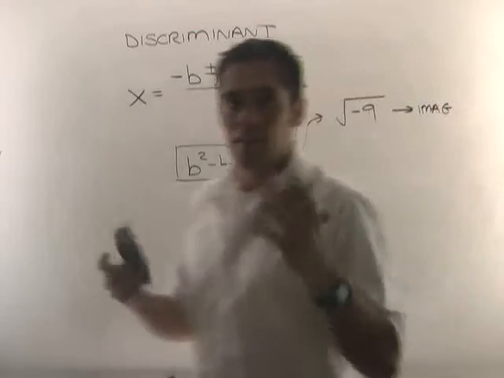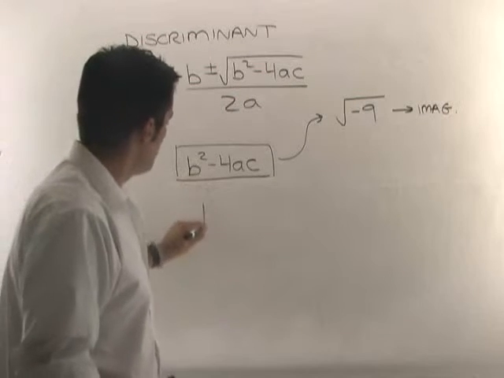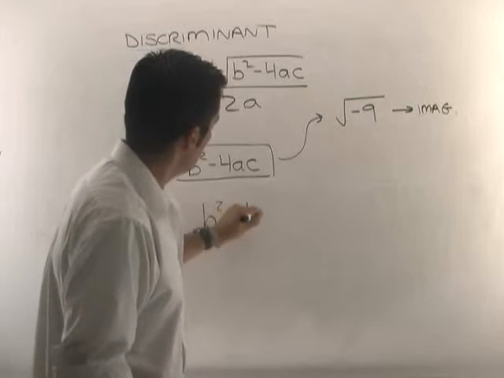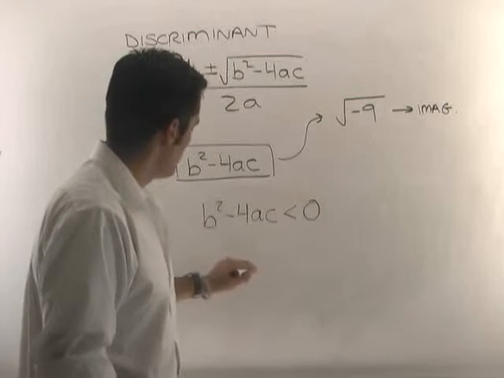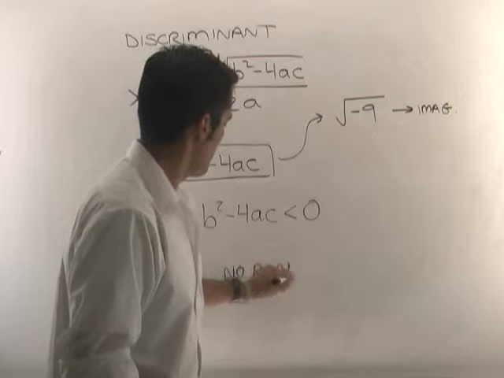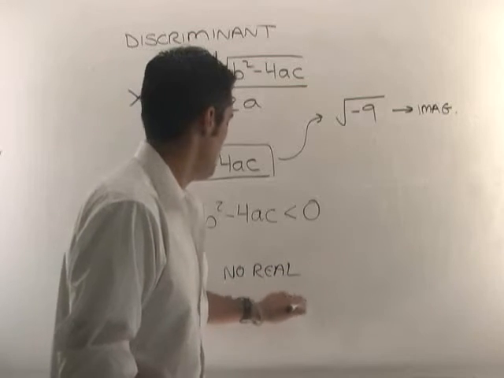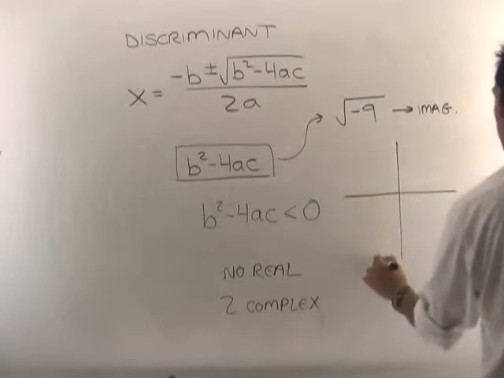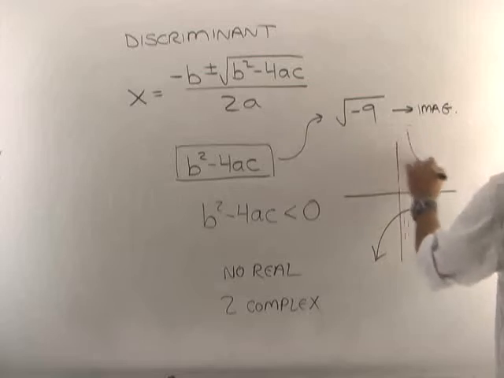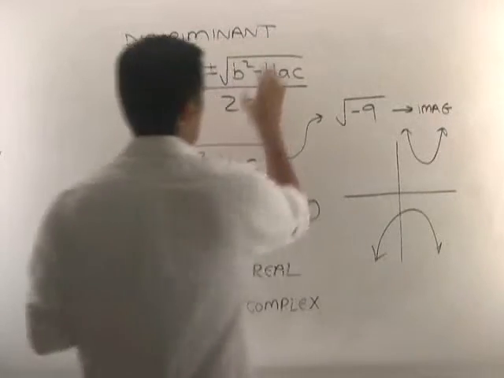And we can't graph an imaginary number, and therefore this tells you that if the discriminant is negative, that means less than 0, you're going to have no real solutions, but two complex solutions. And what this corresponds to on a graph is a parabola or quadratic function that does not touch the x-axis.